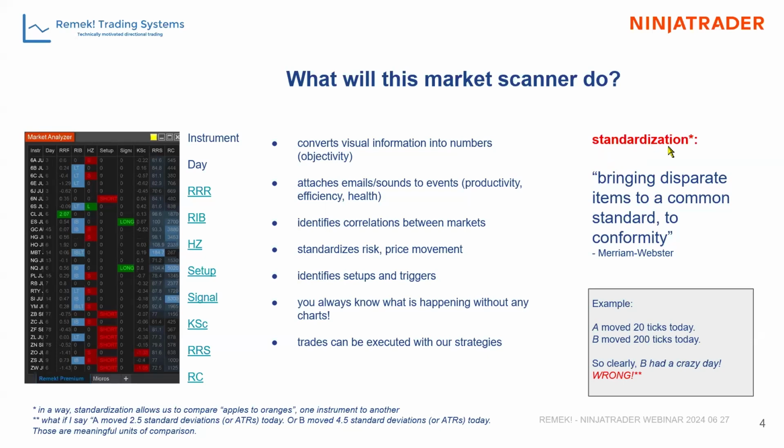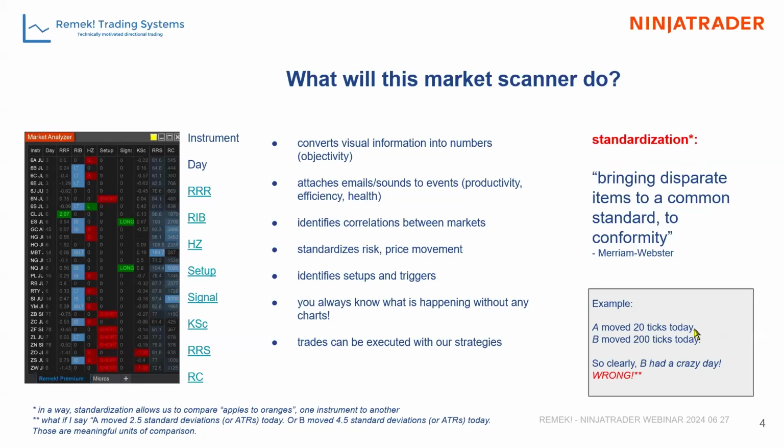So I'm going to call everything just standardization. But the idea is that we bring disparate information, which means information that is not easily or just cannot be compared, to a common platform, a standard, a conformity, so that we can compare information that would otherwise, if compared, be misleading.